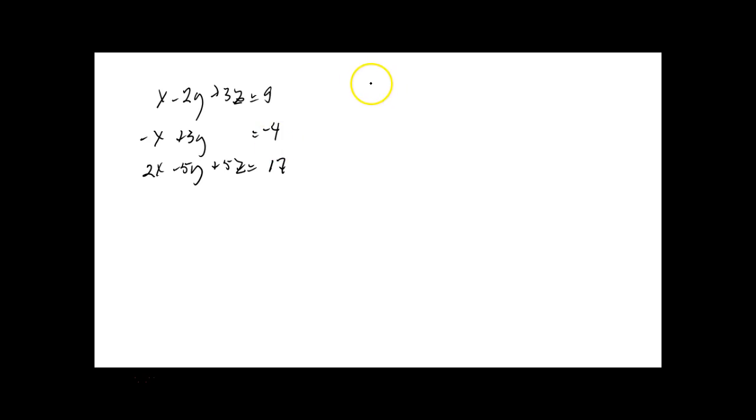Here's another system of equations. x minus 2y plus 3z is equal to 9. Exactly the same first equation as the other. But the second equation is a little bit different.